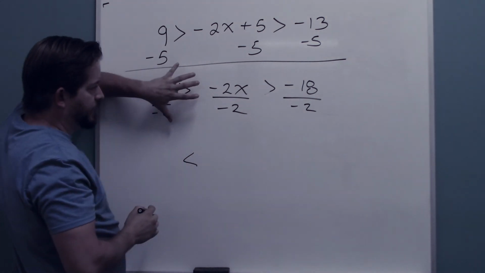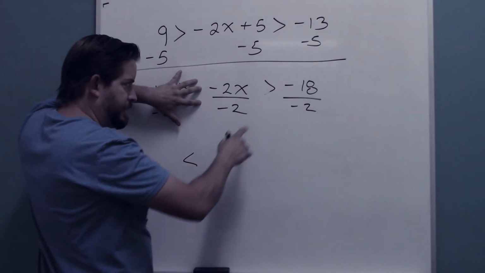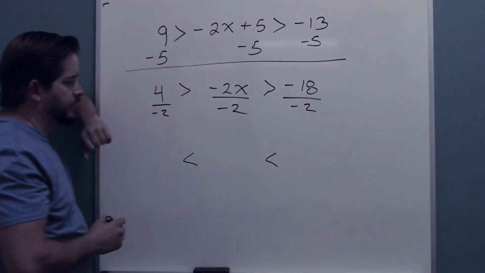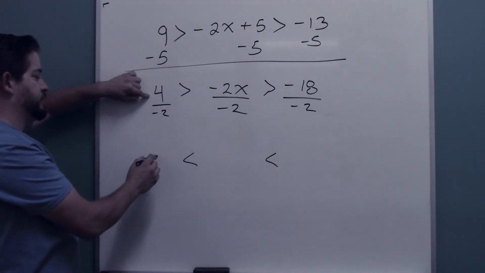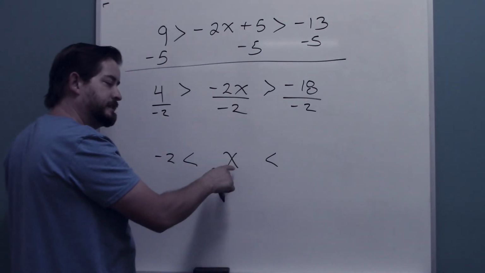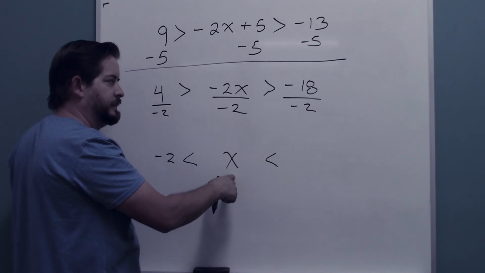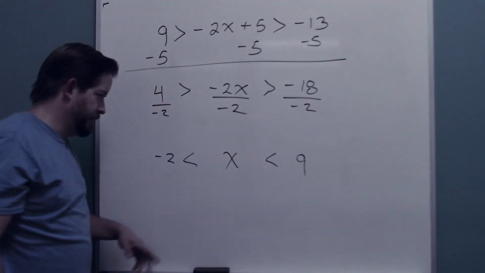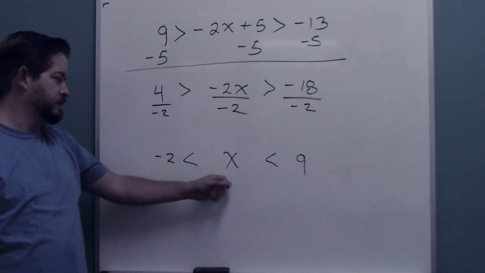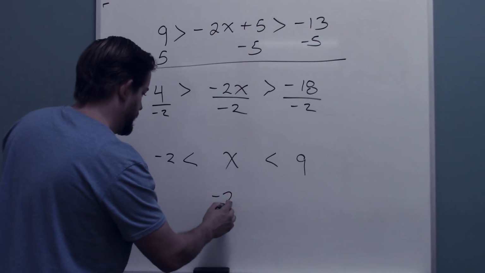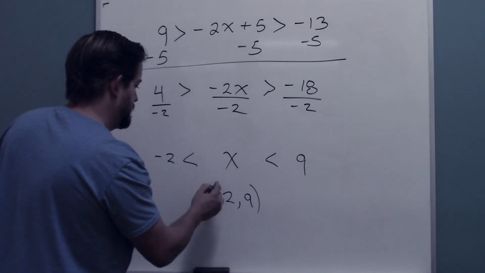And if I forget the left hand side, dividing by negative 2 over here is going to flip this one to be less than, right? 4 divided by negative 2 is negative 2. Negative 2 and negative 2 cancel out here, leaving me with the x. That's what I want, is the x all isolated in the middle, and then 9. And so I found my solution. X are the numbers between negative 2 and 9, or in interval notation, that.